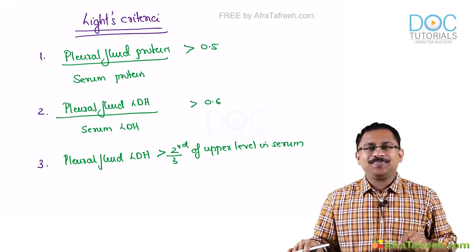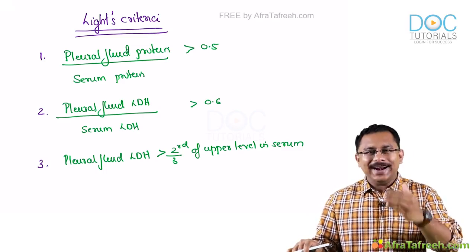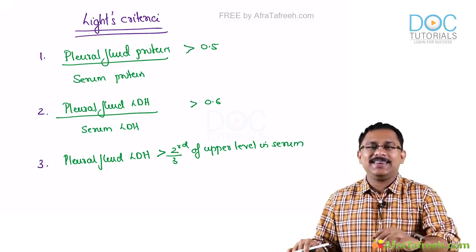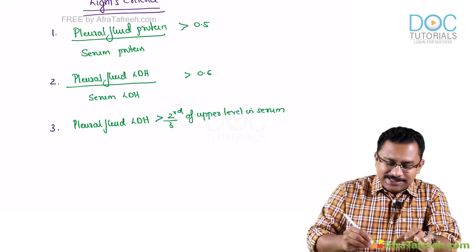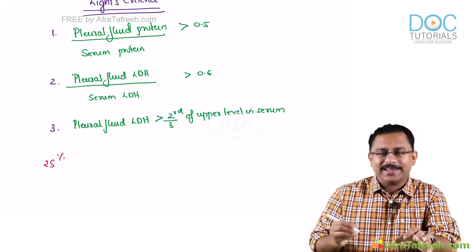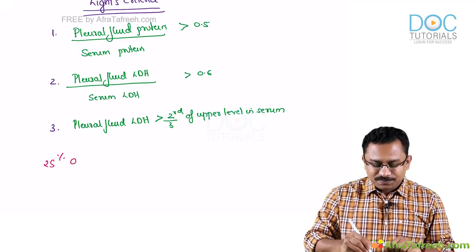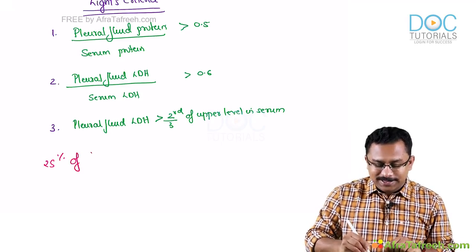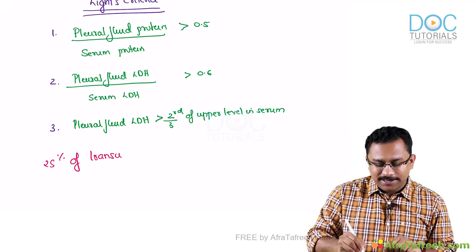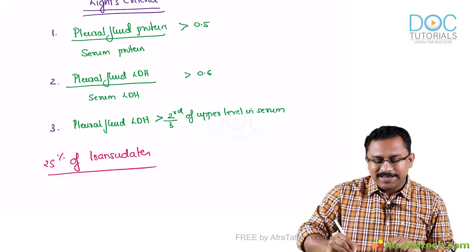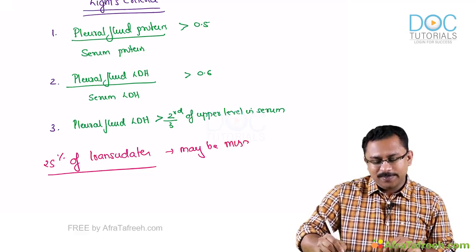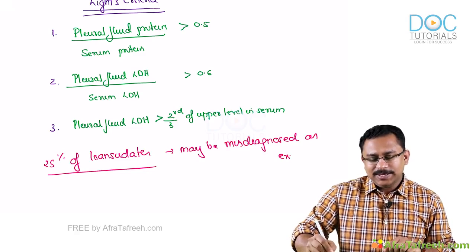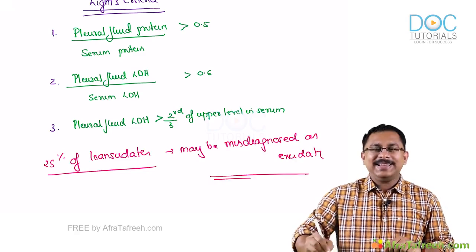Which is why it is said that one lacuna in Light's criteria is that if you apply it, there is a chance that 25% of the actual transudates may be misdiagnosed as exudate. So that is one problem with Light's criteria.